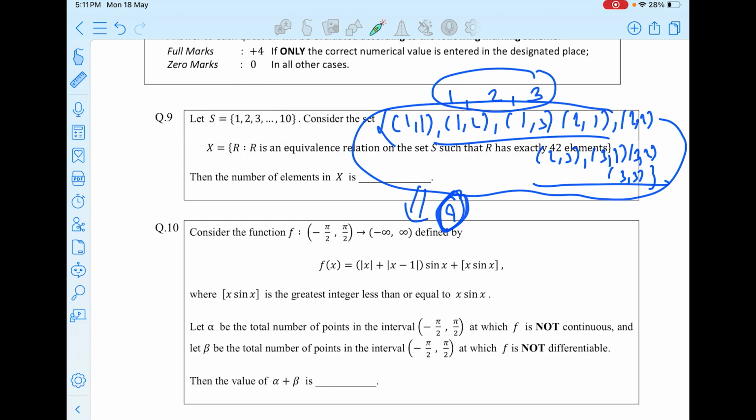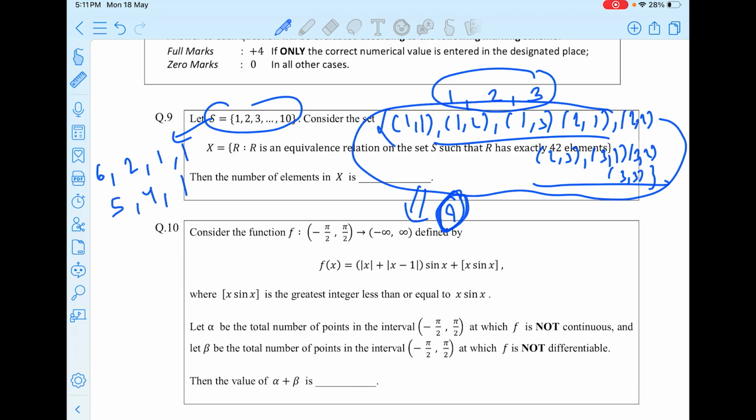Okay, so what are the possibilities? For 42, in terms of squares you can't go beyond 6. So one possibility is you divide into groups of 6, 2, 1 and 1. That is one possibility. And the other possibility is we divide into groups of 5, 4 and 1.